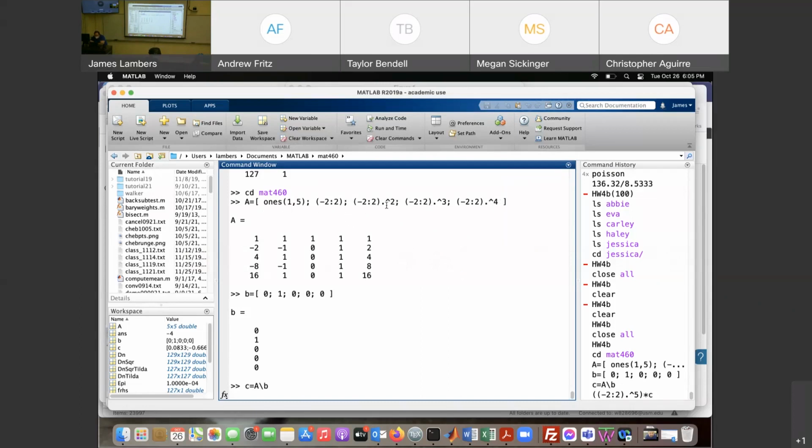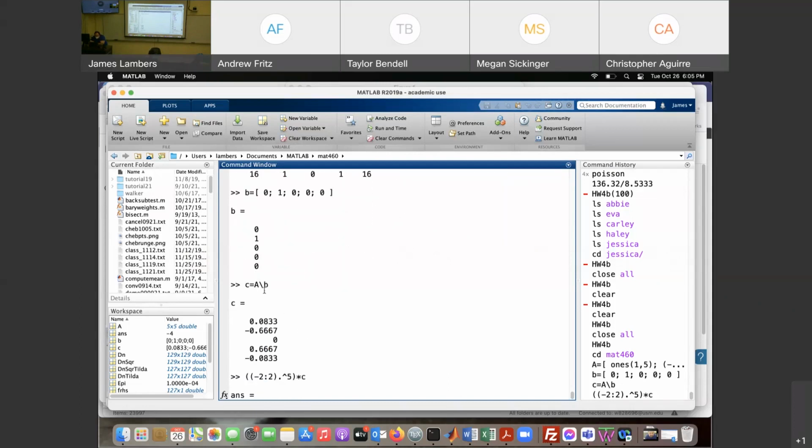And notice I use dot up arrow because I'm taking a vector and exponentiating each element of the vector. So I needed a dot for that. And then for my right-hand side, a vector of all zeros, I put a 1 in the second position. Solve the system using backslash, and that gives me my coefficients in order, for minus 2, minus 1, 0, 1, 2.